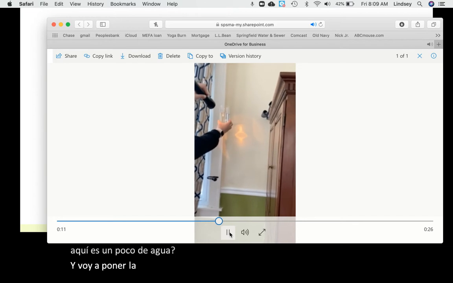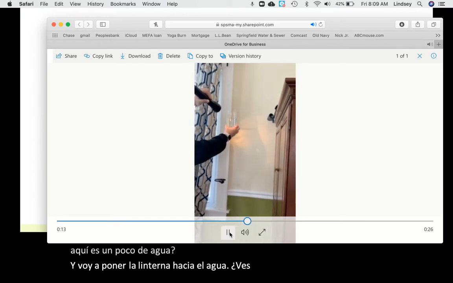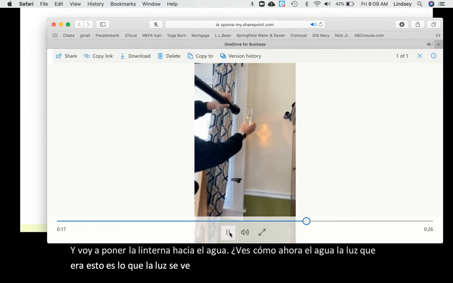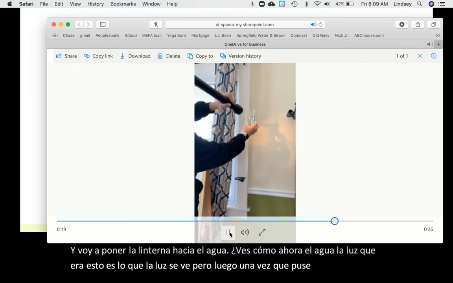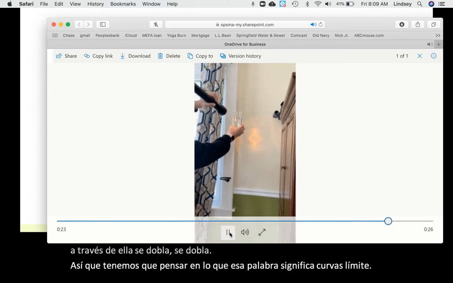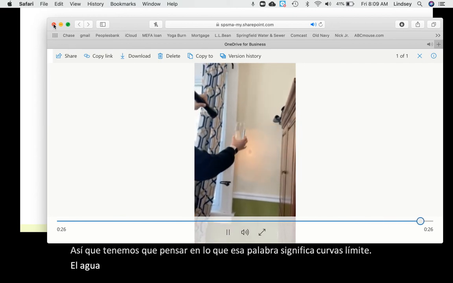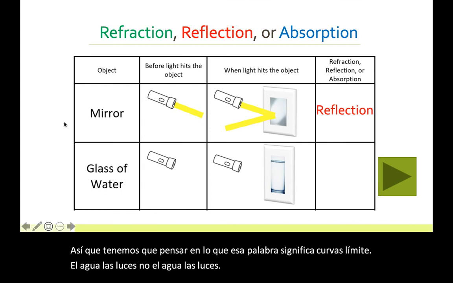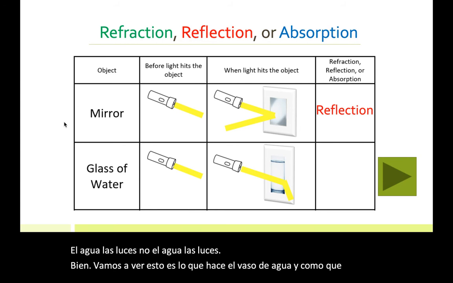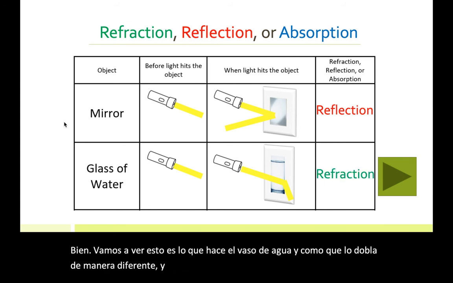Do you see how, this is what the light looks like, but once I put the water through it, it bends it? So we have to think about what that word means. When it bends the light, not the water, the light. This is what the glass of water does: it bends the light differently and makes it go at a different angle, and that is called refraction.